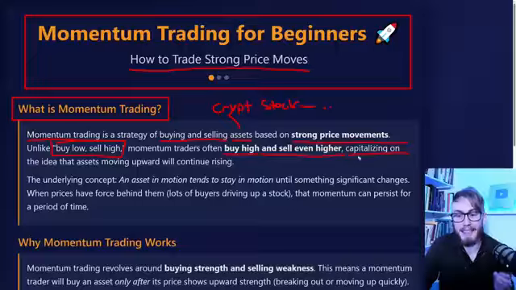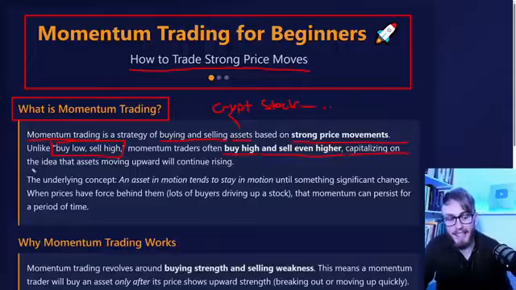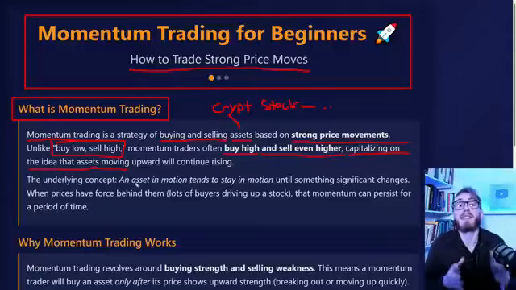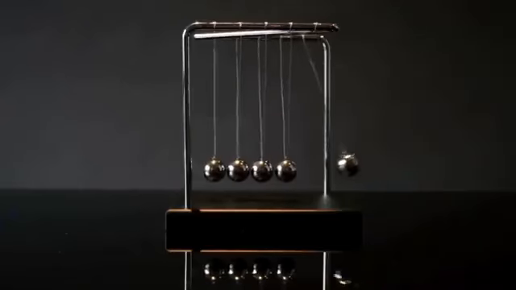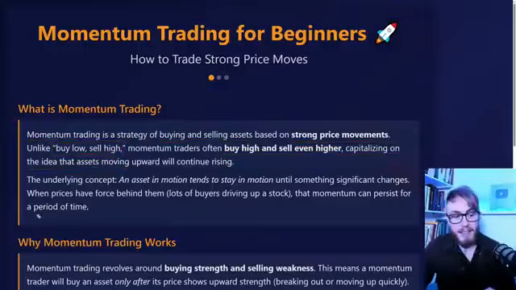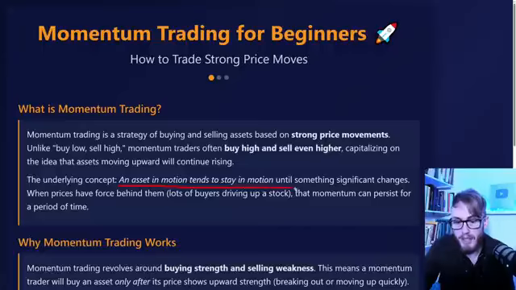And we're basically capitalizing on the idea that assets already moving upward will usually continue rising. And this is where the word momentum comes from. Something that is already moving tends to continue moving. So the underlying concept here, as I pretty much mentioned, is that an asset in motion tends to stay in motion until something changes.